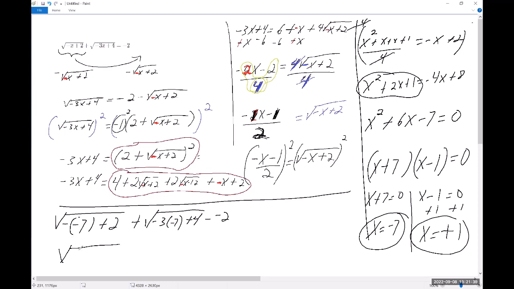So what is that? 9. And then over here we get 20, 24. Oh, okay, no, I believe that should be an equal sign.